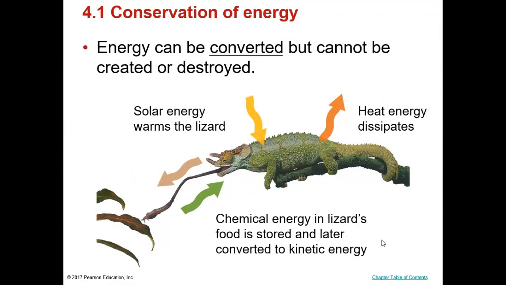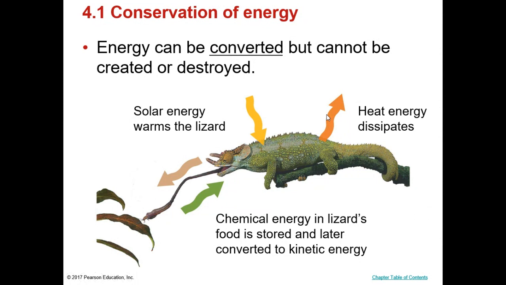Let me just give you an overview of the first and second laws of thermodynamics. First and foremost, energy cannot be created or destroyed. We can only convert energy, and that's precisely what we do in the body. By ingesting food and breathing in oxygen, we convert those two into usable ATP, into usable energy.